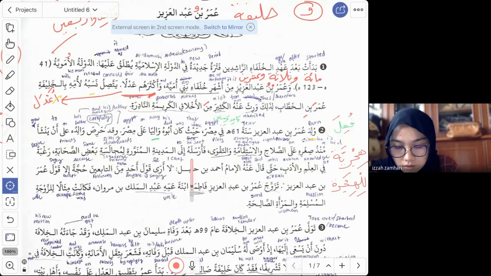Okay, and then fa'arsalahu ila al-Madinah al-Munawwarah limujalasati ba'di al-sahaba.